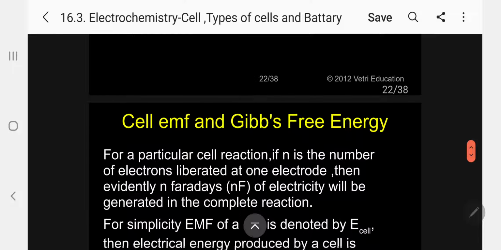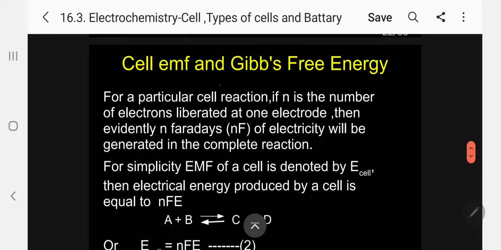Kindly follow. For a particular cell reaction, if n is the number of electrons liberated at one electrode, then evidently n Faradays of electricity will be generated in the complete reaction.